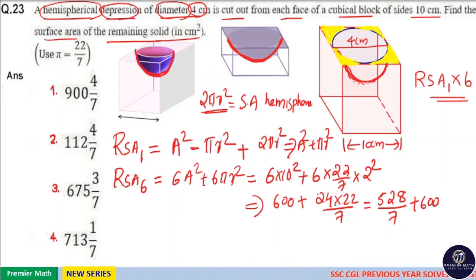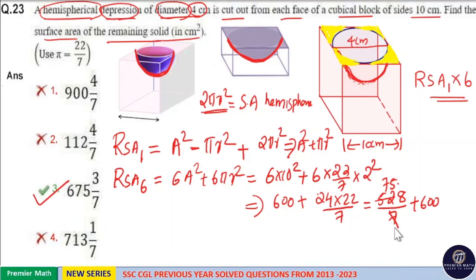Plus 600. 7 goes 7 times in 52, remaining 3. So 7 goes 5 times in 35, remaining 3. Which means here 600 plus 75. In the options you can see there is 675 in option 3. So option 3 is your answer.